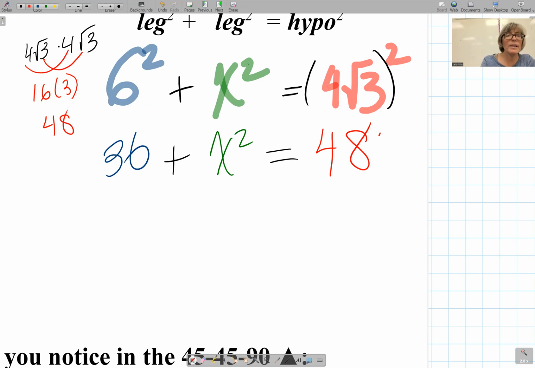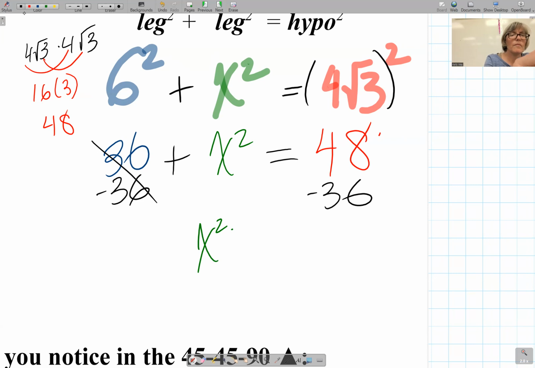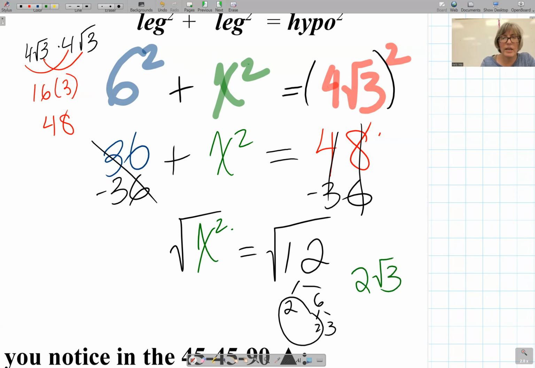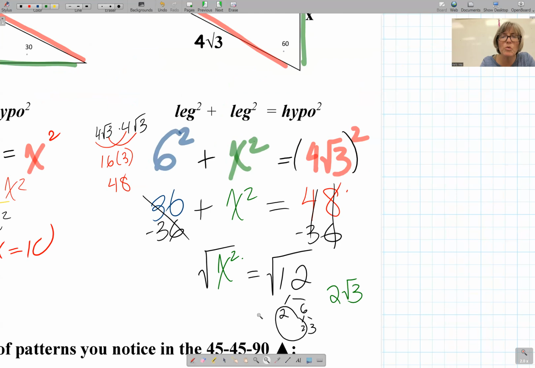All right, we're going to minus 36 both sides. That's 12. So we're going to do square root of 12, factor to 6 times 2, and a pair of 2's comes out. And we have 2 root 3 as our unknown here, 2 root 3.